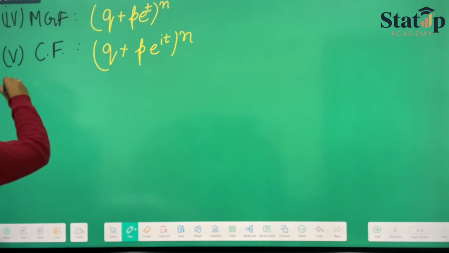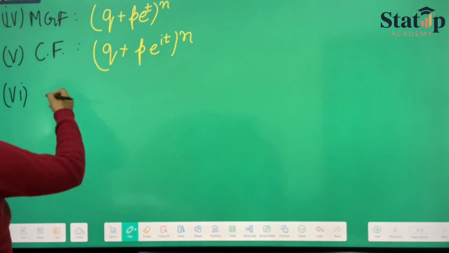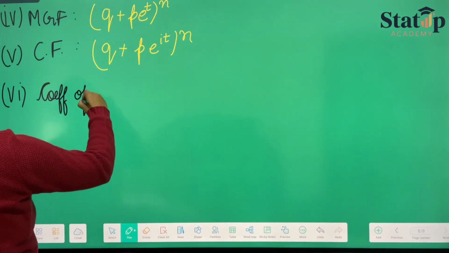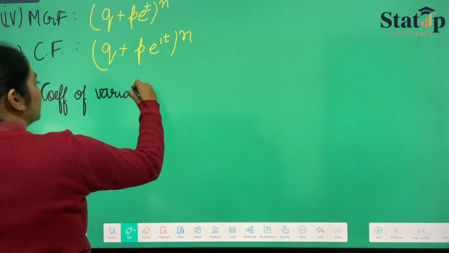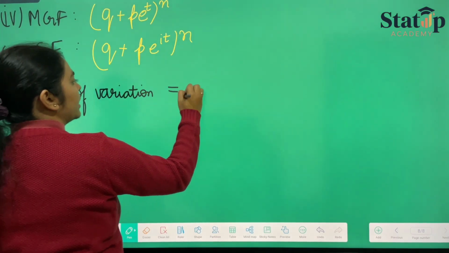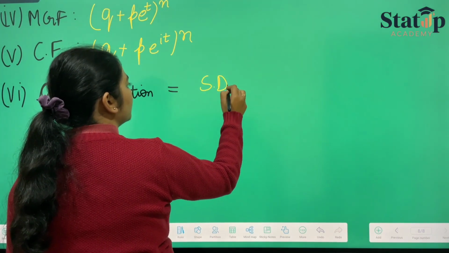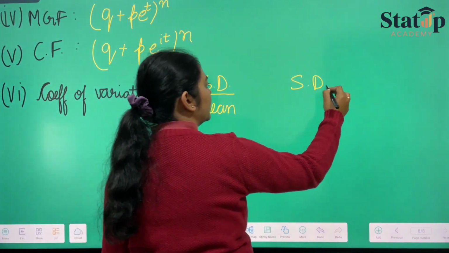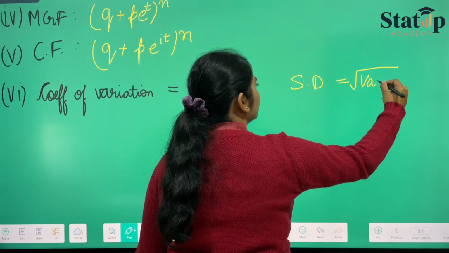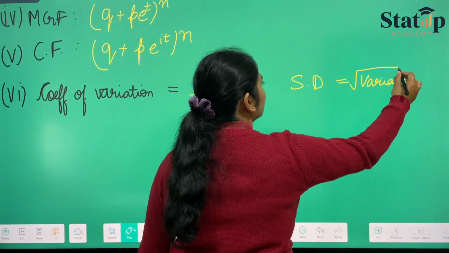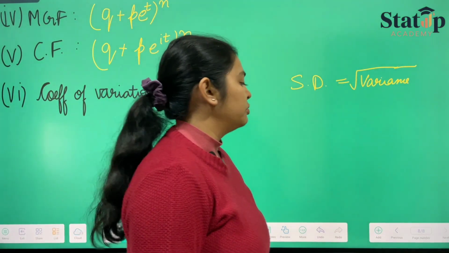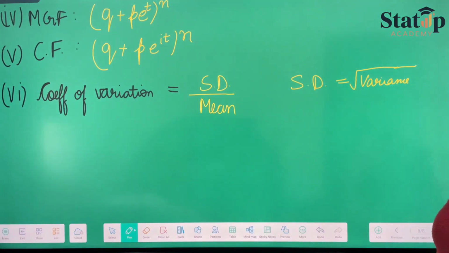If we talk about the coefficient of variation, it is given by standard deviation upon mean, where standard deviation is nothing but the square root of variance. So these were some of the properties, and some of them we'll discuss while doing the questions accordingly.